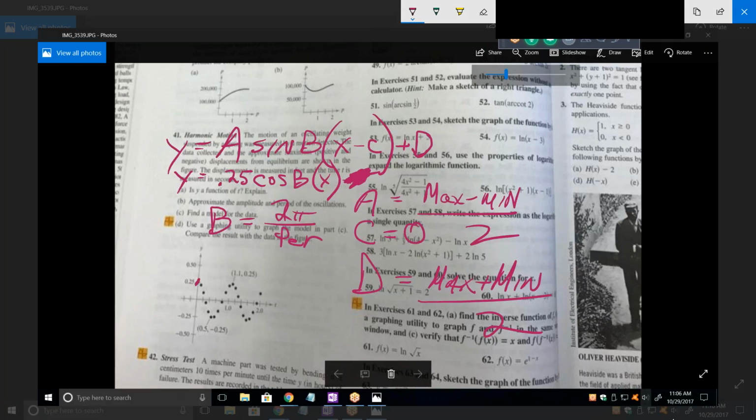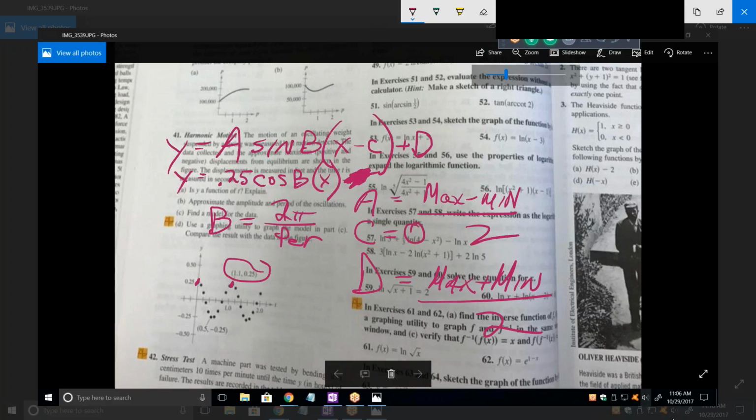The period is always starting spot to starting spot. You can go peak to peak. You can go valley to valley. I would use these 2 points here because they've labeled that point, and we can see where that is. So what is the period for this function? 2 pi over period.